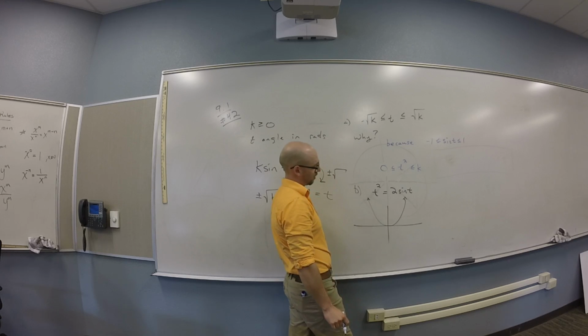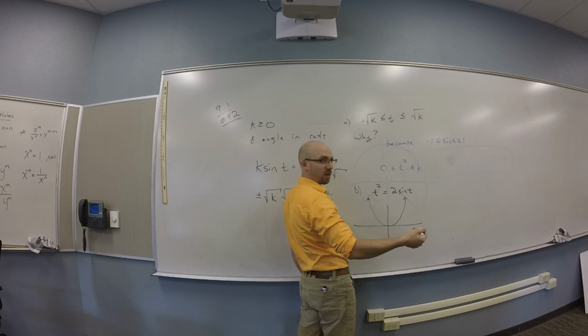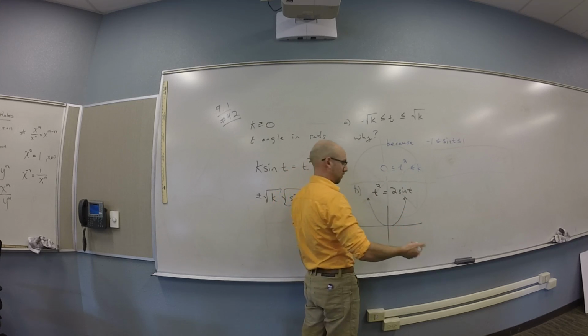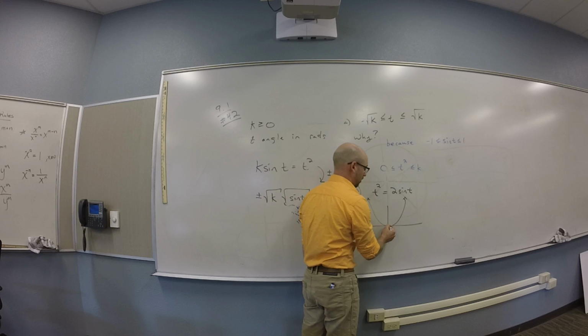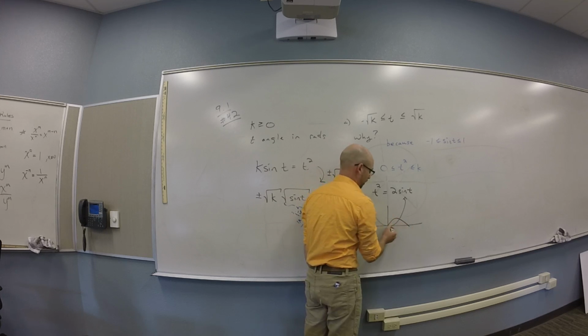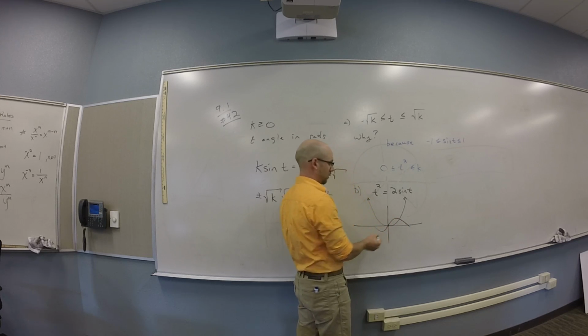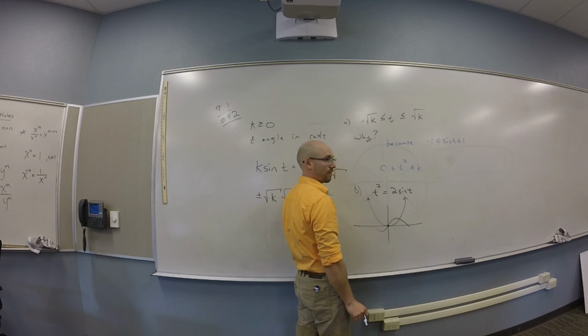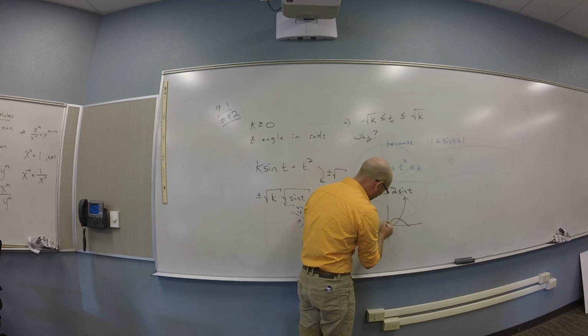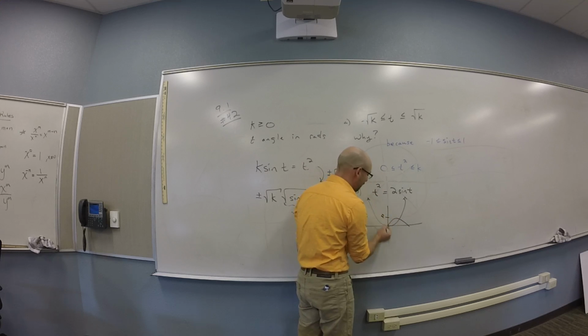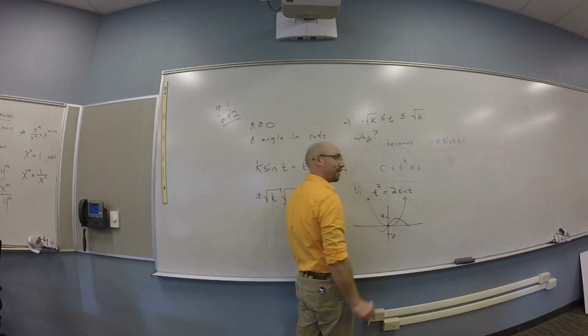Okay, what's sine look like? Squiggly thing, right? Where's it start? 0, 0. So I think we got something like this for sine. Oh, it's too high. I see what you meant. I thought you were critiquing my picture.